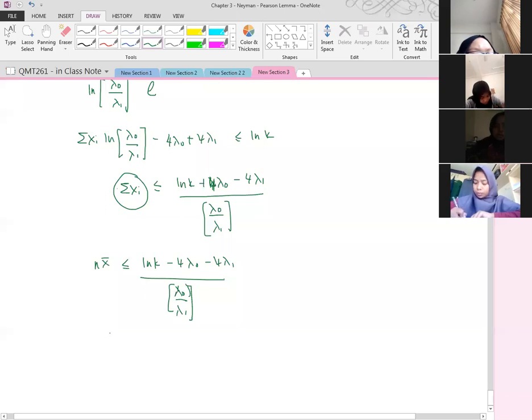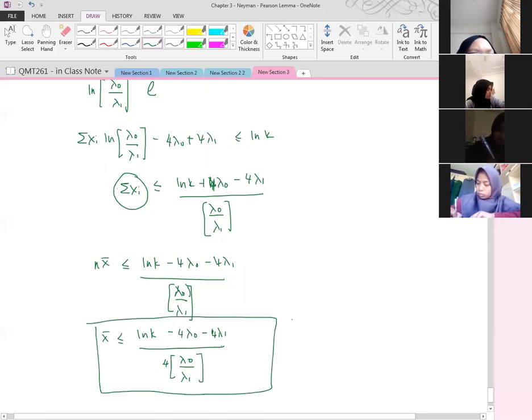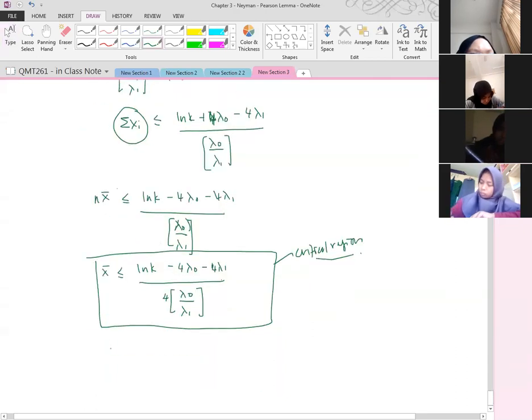So x bar is less than or equal to ln k plus 4 lambda naught minus 4 lambda 1, divided by 4 multiplied by ln of lambda naught over lambda 1. This is your critical region. So we know that from here, x bar should be less than or equal to C.